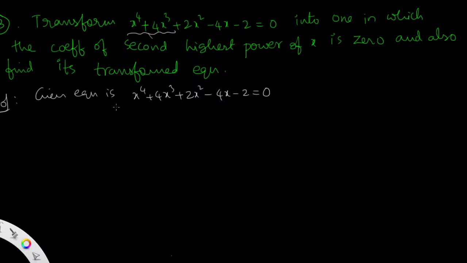Then to remove the second term from the roots of the given equation, the formula is minus a1 by n a naught. That is the formula to eliminate the second term.